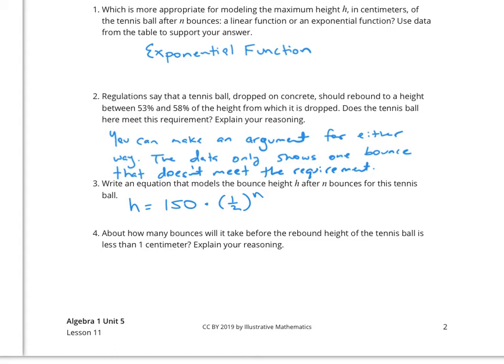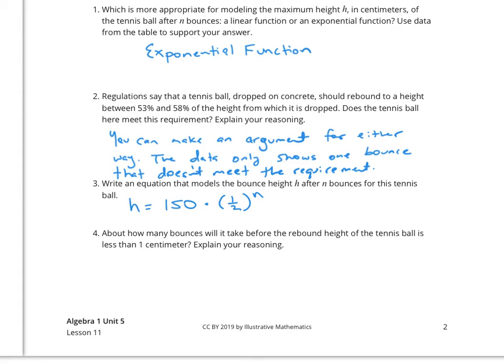You could have graphed this equation in decimals and see where it crossed where the y value is 1 centimeter. Or you could take the idea that the ball is decreasing by a factor of about 1/2 each bounce.